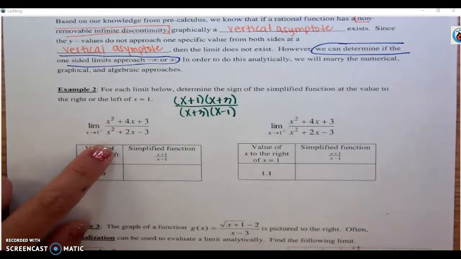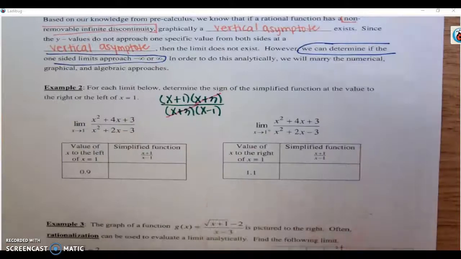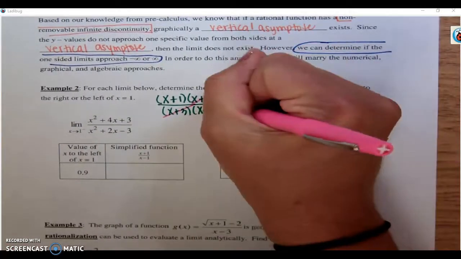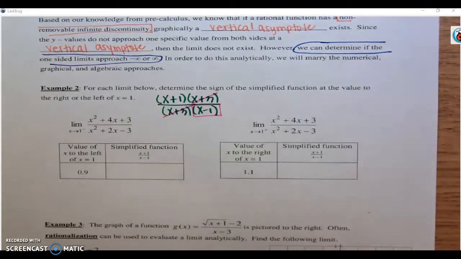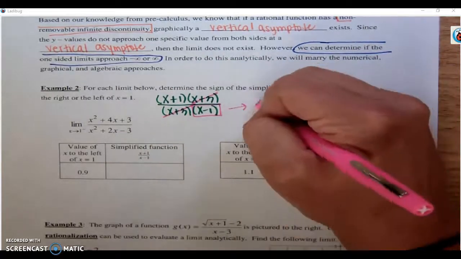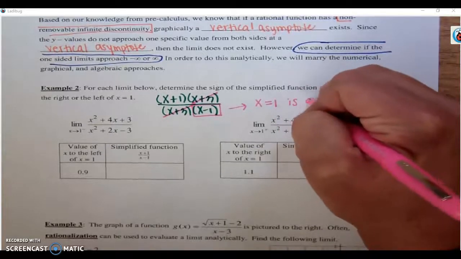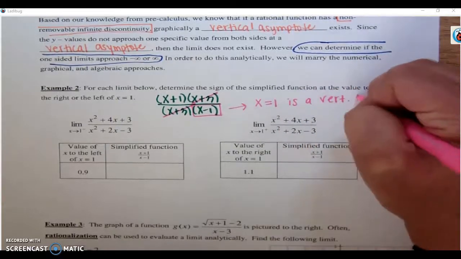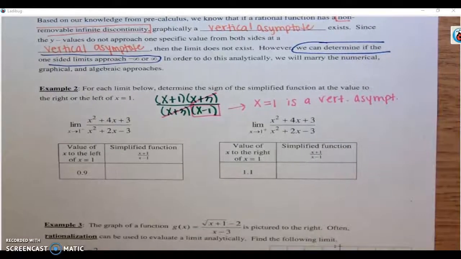And remember, we crossed out the x plus 3's, those were the removable points, which was a hole. But this x minus 1 is still left over in the denominator, and that's a place where it's not continuous. And if it's left over in the denominator, that means it's a vertical asymptote. That's what we call the non-removable because we didn't cross it out.